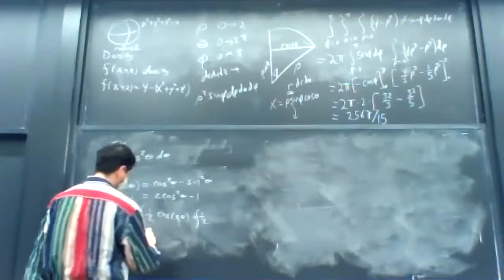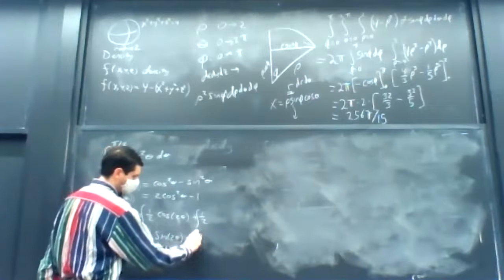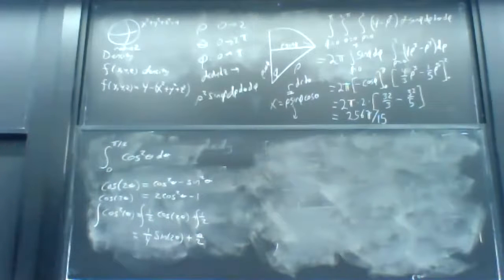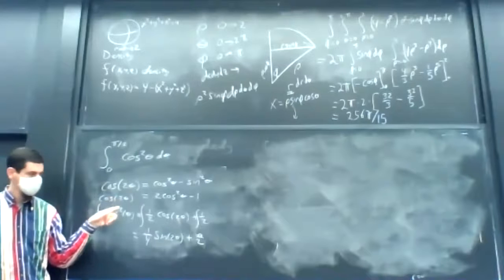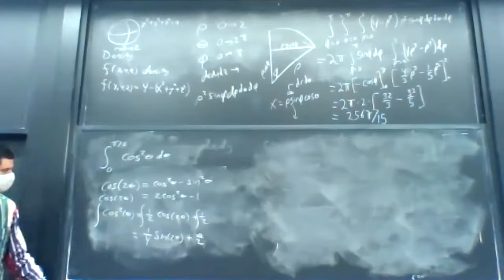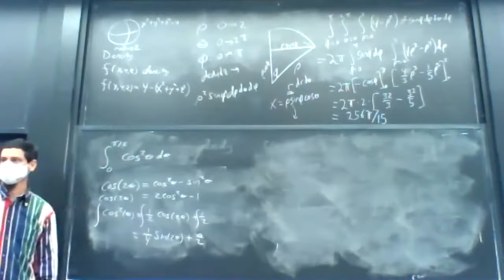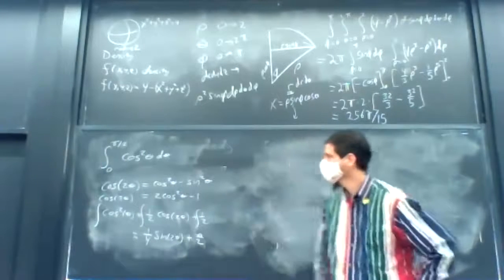So it would be 1/4 the sine of 2 theta plus theta over 2. And if I take the derivative of that, I'll get cosine squared theta. And so I could then use this and evaluate at 0. There's a nicer way to do this.